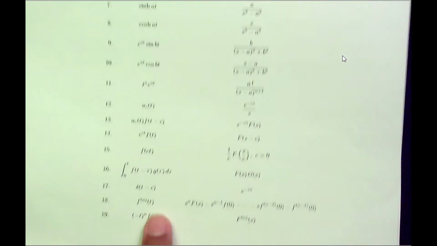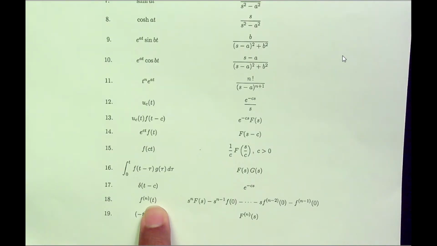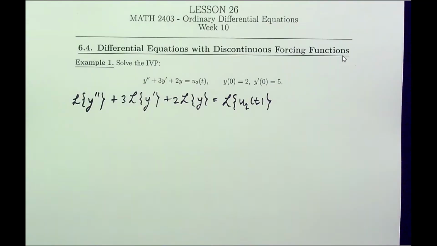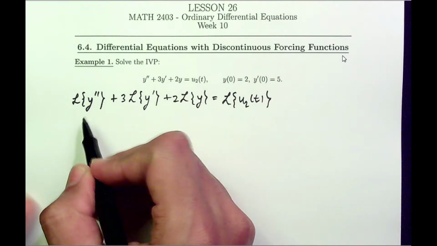What is the Laplace transform of a derivative, the first derivative, the second derivative, third derivative? It is this formula right here. We're mostly going to be using the first 2 cases, maybe the third, n equals 1, n equals 2. You can look this one up.